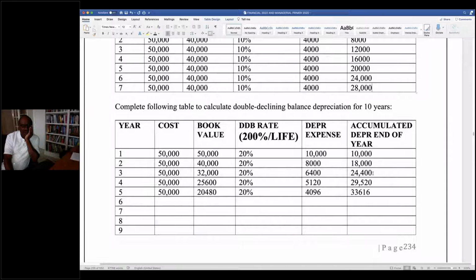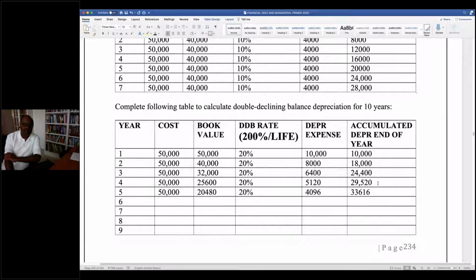Well, starting the year it's 24,400. We subtract that from 50,000 to get 25,600. Then we apply the 20%, 5,120. Then we add 5,120 to this number to get 29,520.